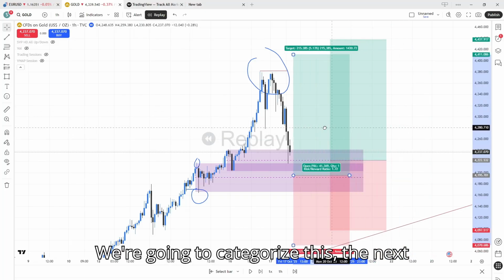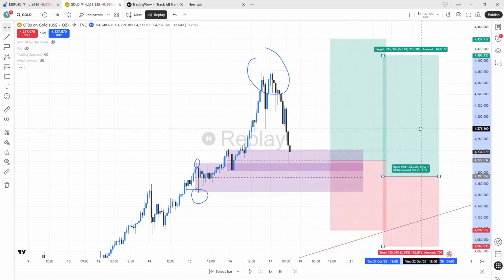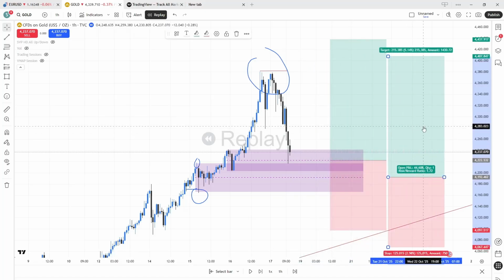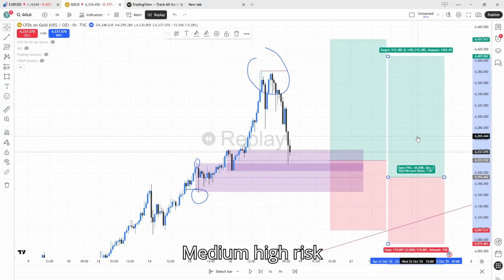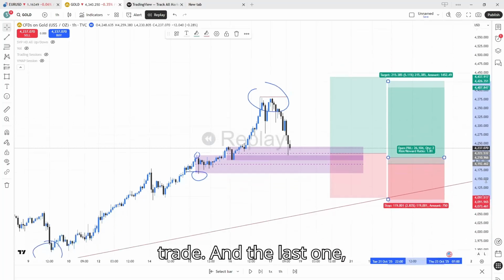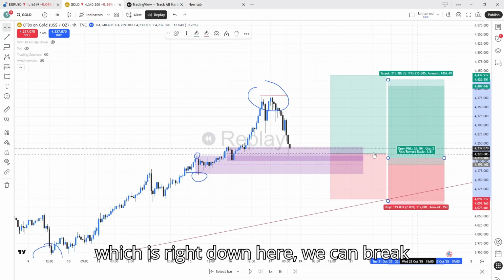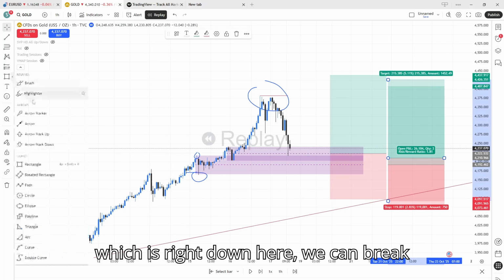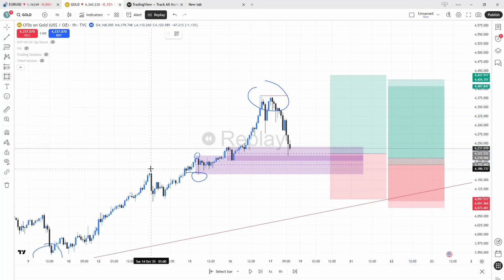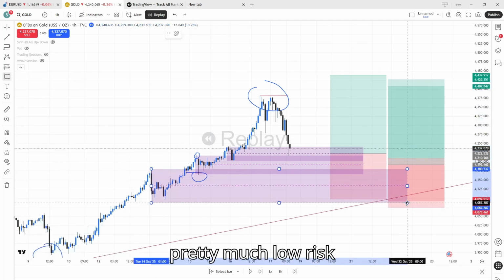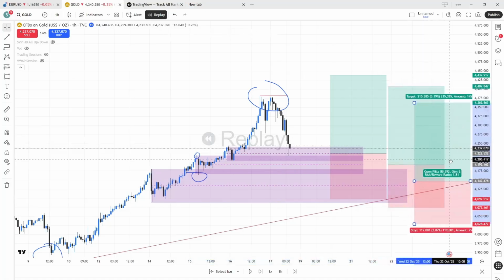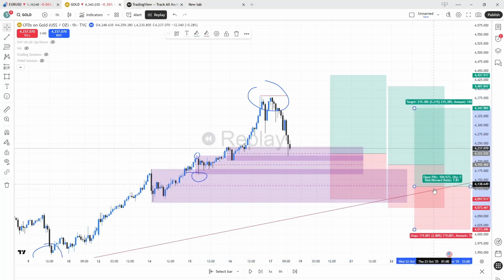We're going to categorize the next one as a medium-high risk trade. And the last one, which is right down here, we can break this down as pretty much a low risk trade.